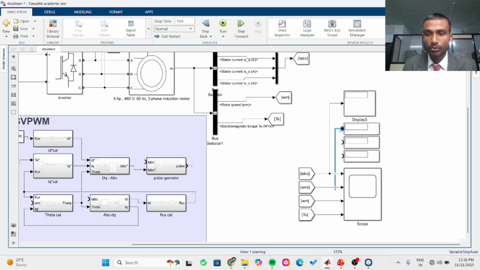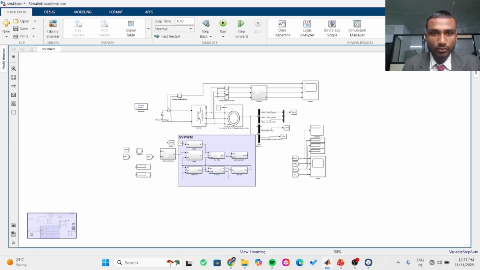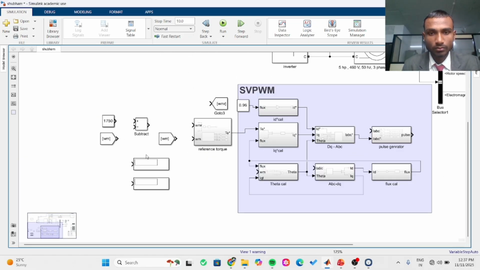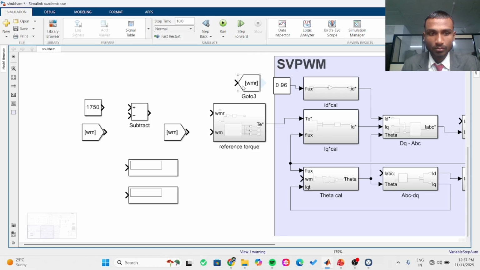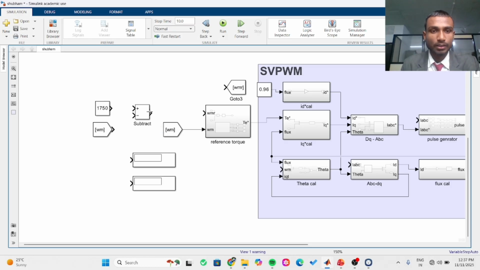We have to join a different scope for each waveform to display all the waveforms clearly. From this WM to WM, again this subtractor to this WI, and also this WRM to this WI.